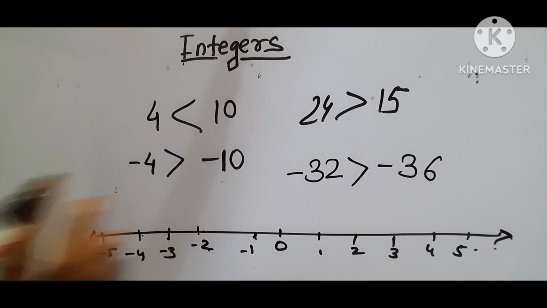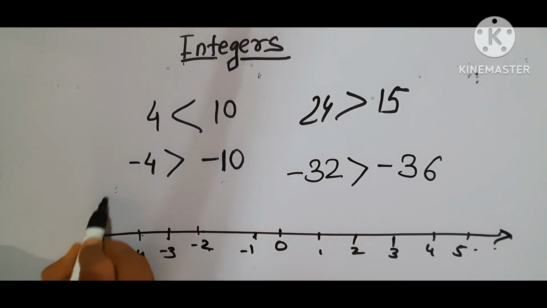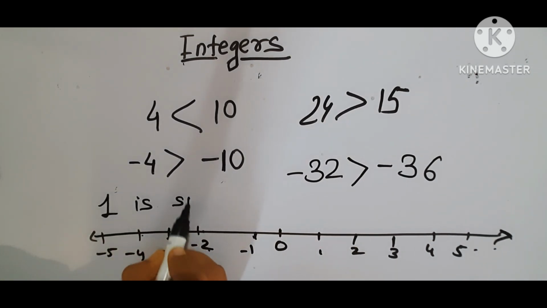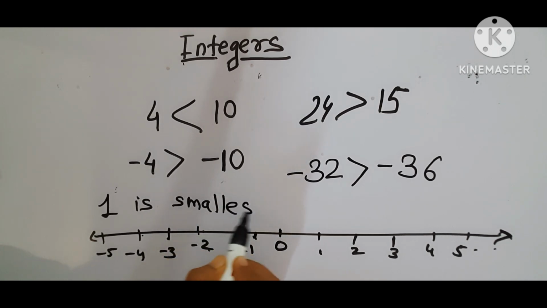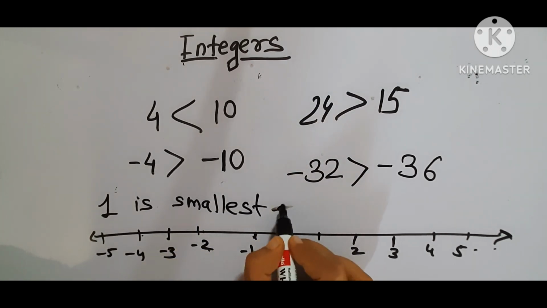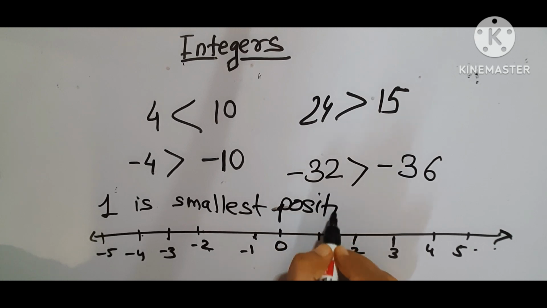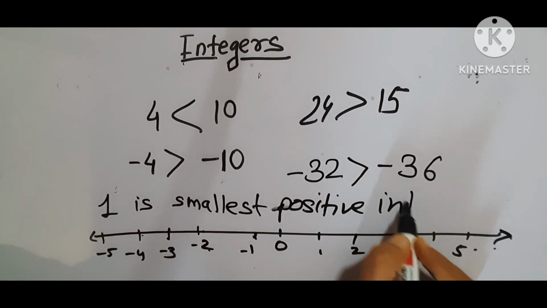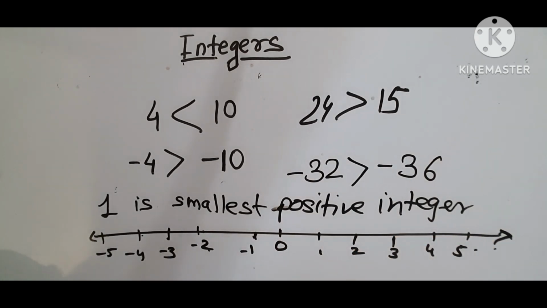Okay. So with this understanding, we can say 1 is the smallest positive integer. We know that 1 is the smallest positive integer because 1 is smaller than 2, 3, 4, 5, 6.